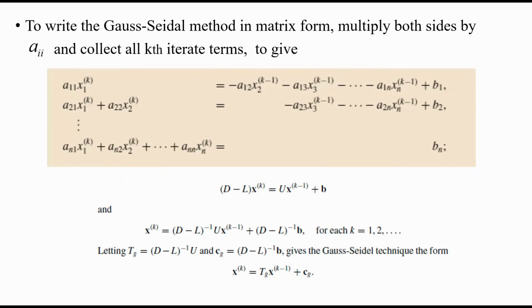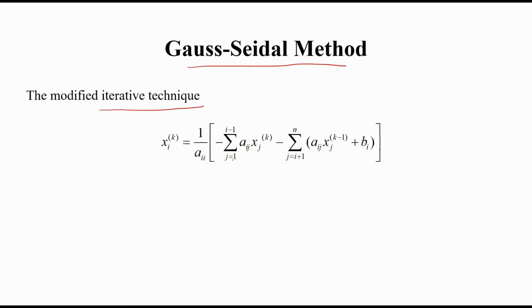So here this is a matrix representation of the Gauss-Seidel method. This is again useful when you will be coding in MATLAB. So what you have done, you have written the scheme, that is, this is our modified formula, and you will multiply this with aii inverse on both sides, and then you have to separate out this k and k minus 1.